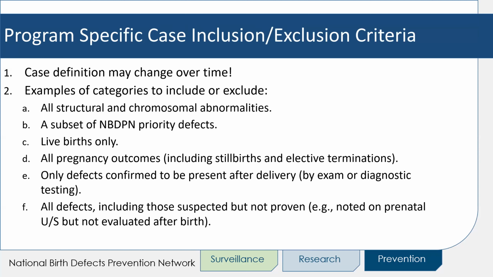Some examples of categories to include are all structural and chromosomal abnormalities, a subset of NBDPN priority defects, live births only, all pregnancy outcomes, including stillbirths and elective terminations, only defects confirmed to be present after delivery by exam or by diagnostic testing, all defects, including those suspected but not proven.